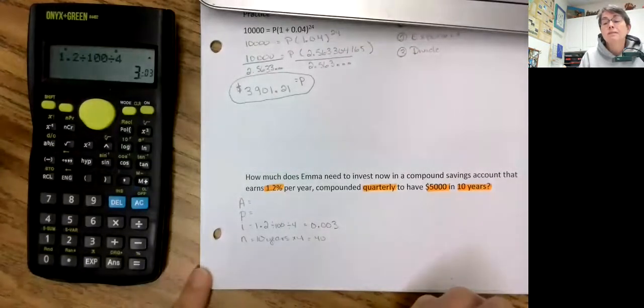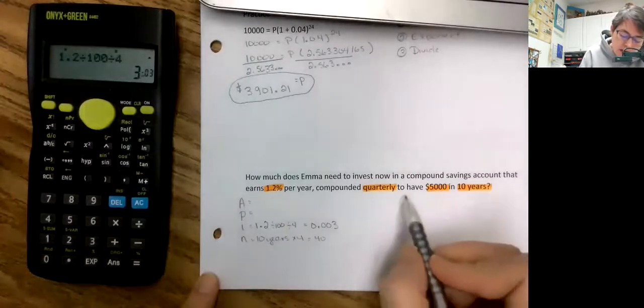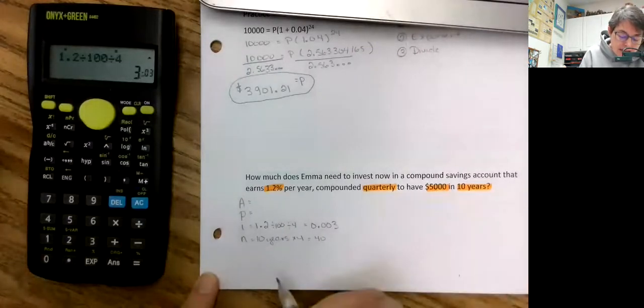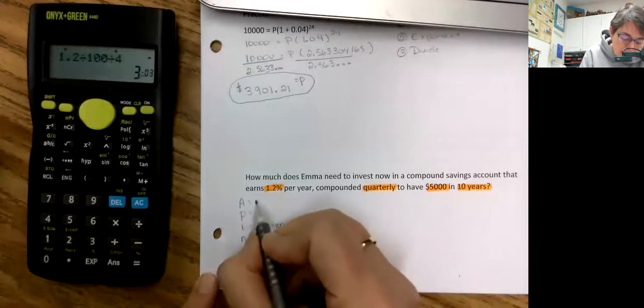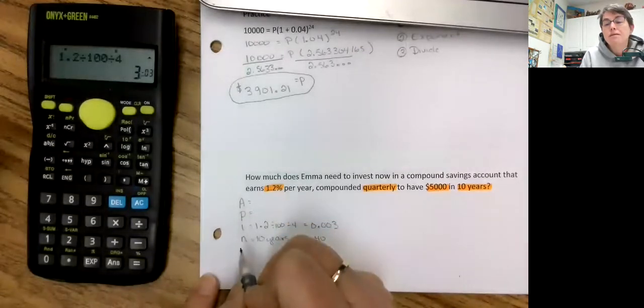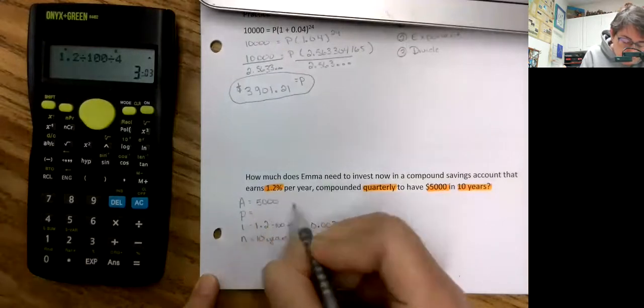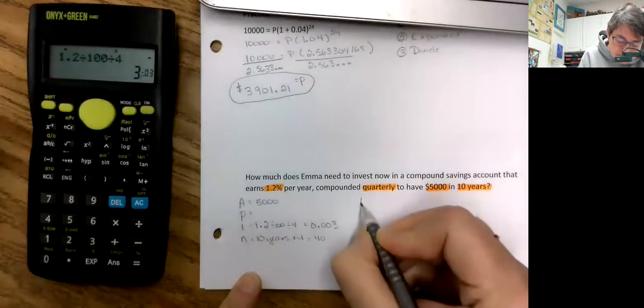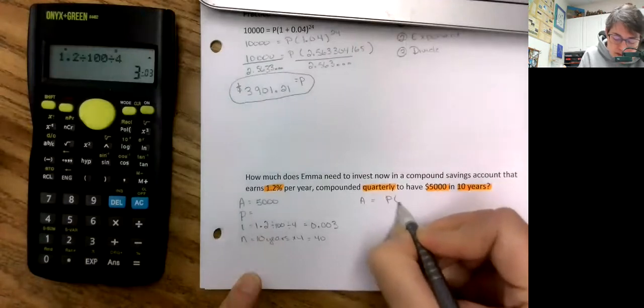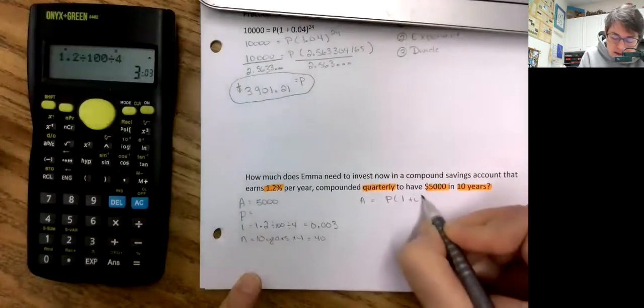You can see I keep saying I'm going to change my calculator, but I haven't got there yet. And I want to have $5,000 in 10 years, so that is going to be my A at the end. Solve for P.